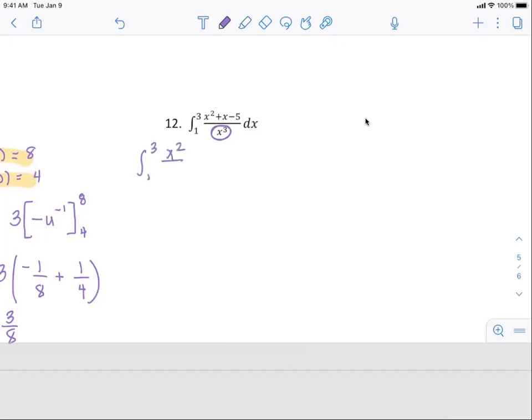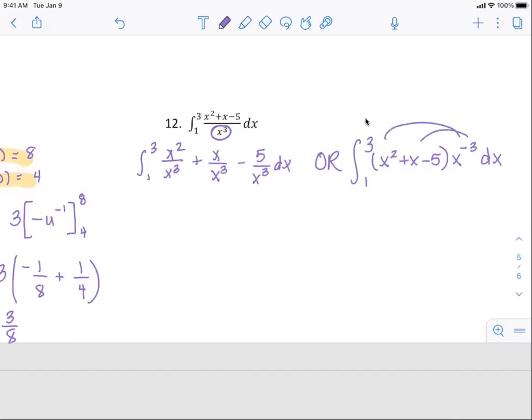So that's x squared over x cubed plus x over x cubed minus 5 over x cubed dx. That's one way to think about it. Or you could rewrite this as x squared plus x minus 5 times x to the negative 3 dx. Either way, you're going to end up in the same place.